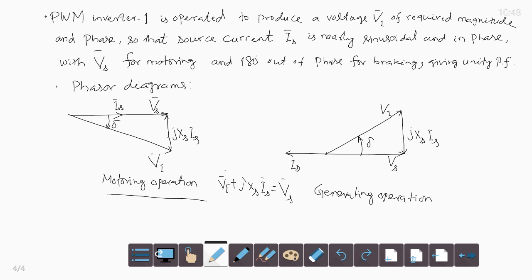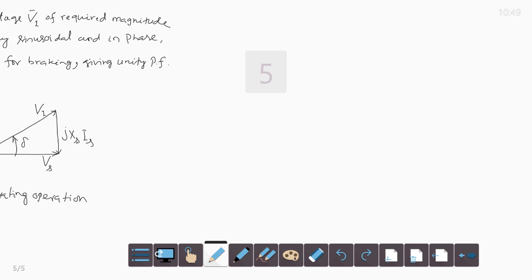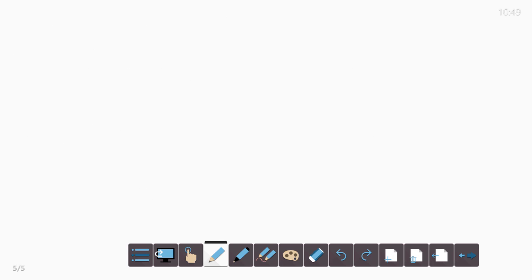So, V I, its magnitude and phase, are controlled through the PWM inverter. How to control the magnitude and phase of V I?